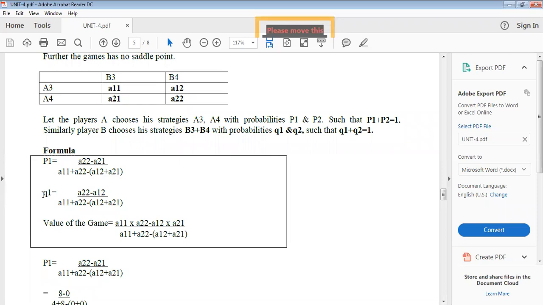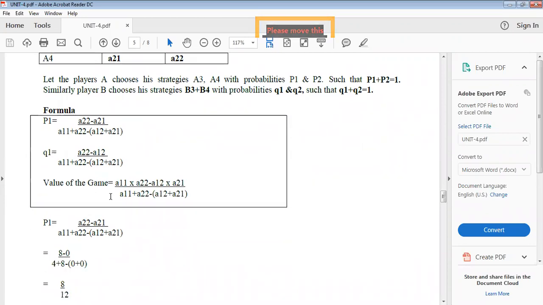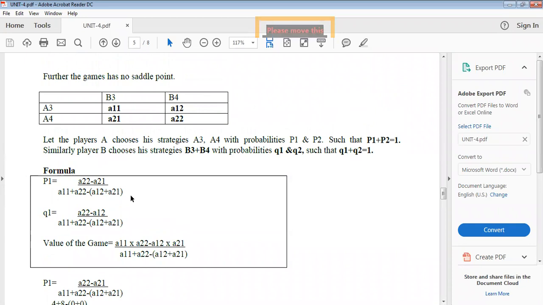Q1 is equal to A22 minus A12, divided by A11, the denominator the same in the particular case. Value of the game is A11 into A22, one has to remember the particular things. Finally you are left with the particular 4 elements.